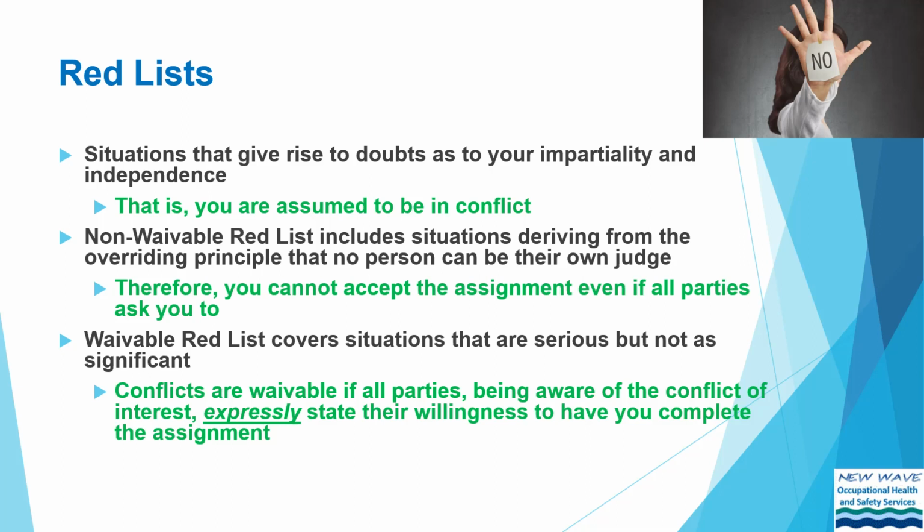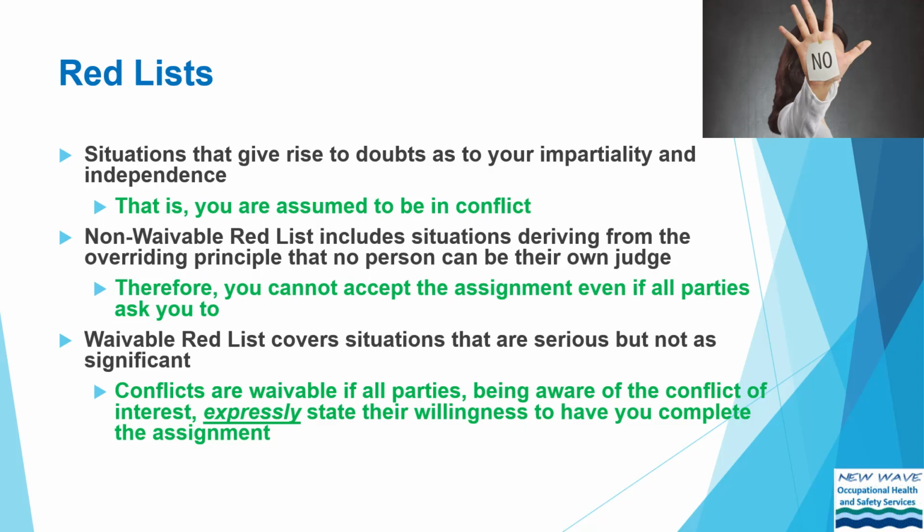The most serious list is the red list. Here you are assumed to have a conflict of interest. Now, there are actually 2 red lists. The non-waivable red list includes situations that could be perceived as being your own judge. In such cases, you cannot accept the assignment, even if all parties ask you to.